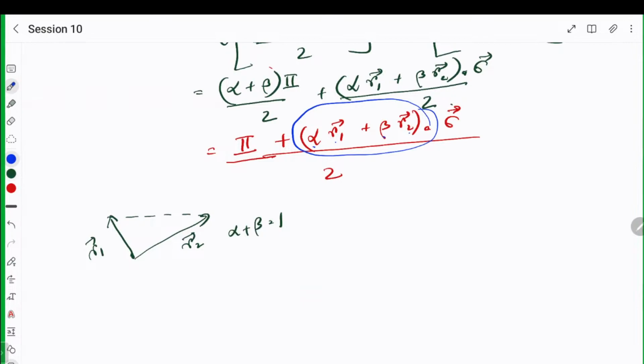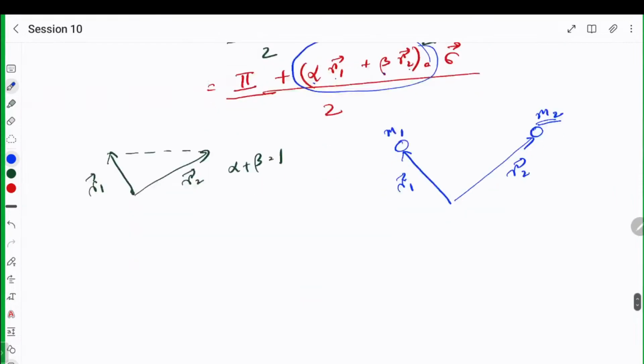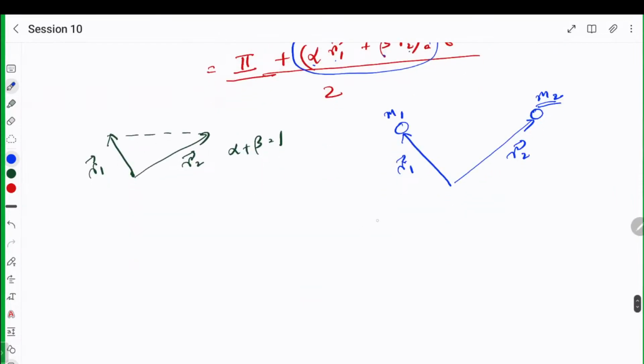Okay. So suppose you have a ball of mass m1 and another ball of mass m2. Its position is r1 and its position is r2. So how do you calculate the center of mass of these two balls? You just say that this is (m1 r1 vector plus m2 r2 vector) divided by (m1 plus m2).